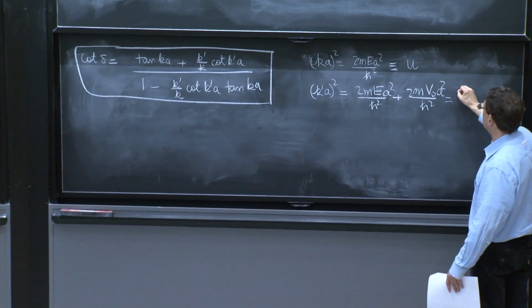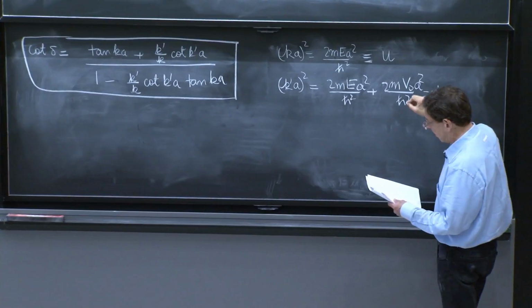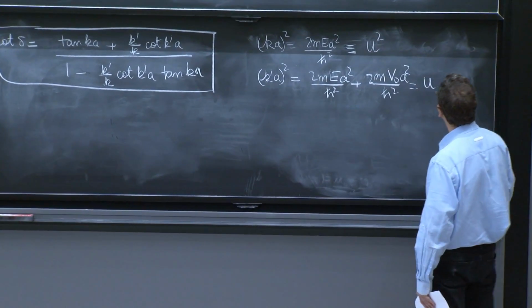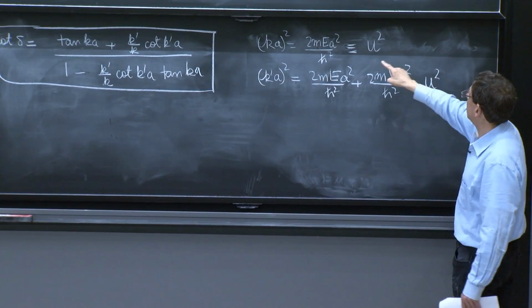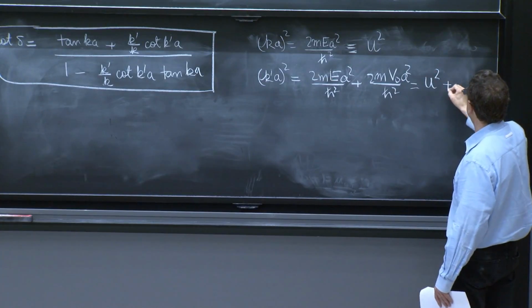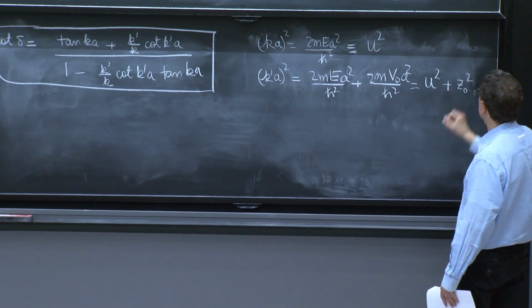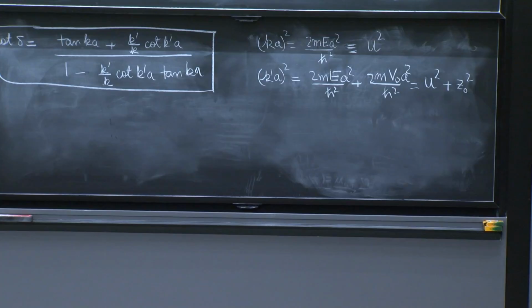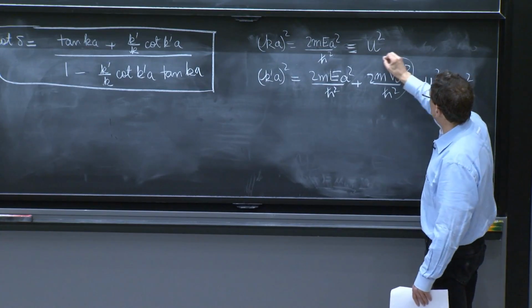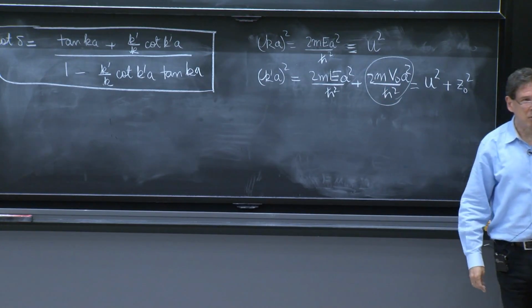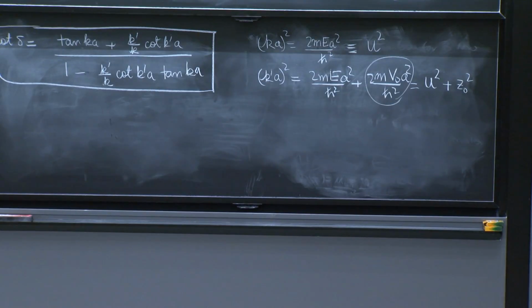The first one is just u squared, sorry, I should call this u squared, and this is our friend z naught squared. It's that number that tells you the main thing you always want to know about a square well: the ratio between the energy V naught to the energy that you can build with h bar, m, and a.